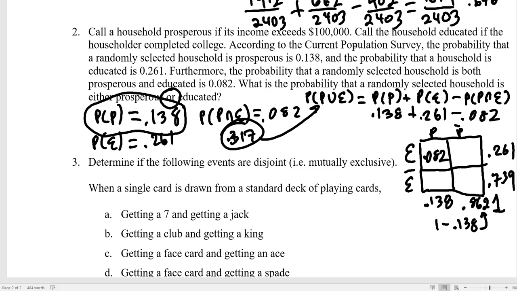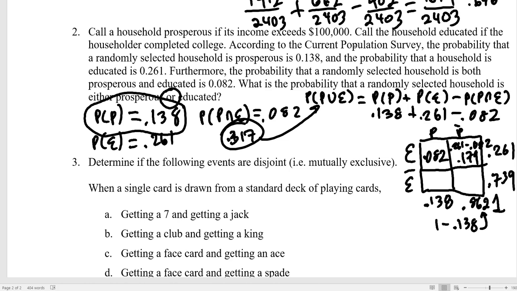I could also fill out the rest of this table and ask, what's the probability of being educated and not prosperous? Well, this totals to 0.261, so it'd be 0.261 minus 0.082, or 0.179.